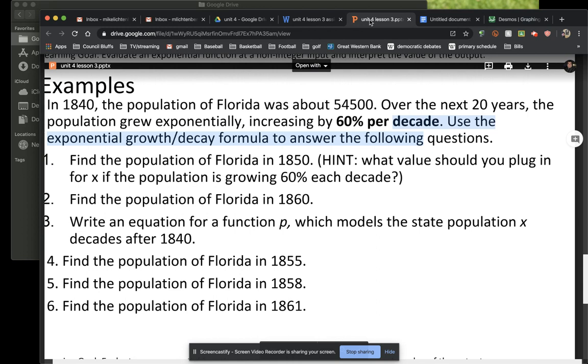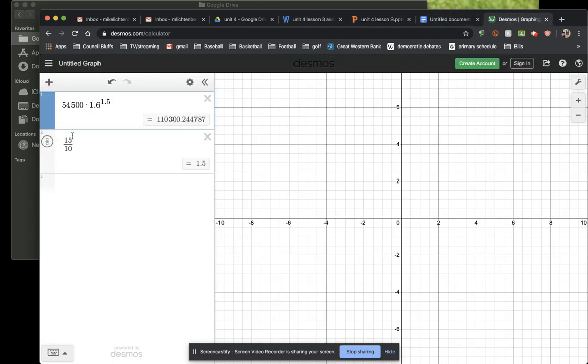Find the population of Florida in 1858. So 1858 now is going to be 18 years after 1840. So I need to convert that to decades by dividing it by 10.